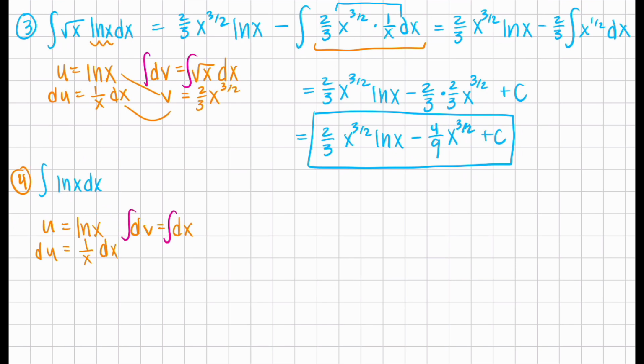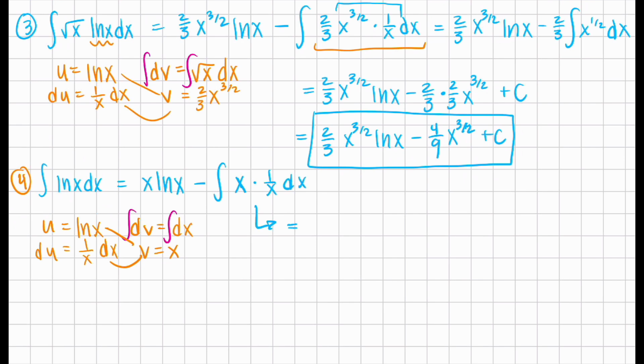When I integrate both sides for my dv, I get v equals x. So I want u times v. That's going to be x times natural log of x minus, for my integral, I'm going to have x times 1 over x dx.